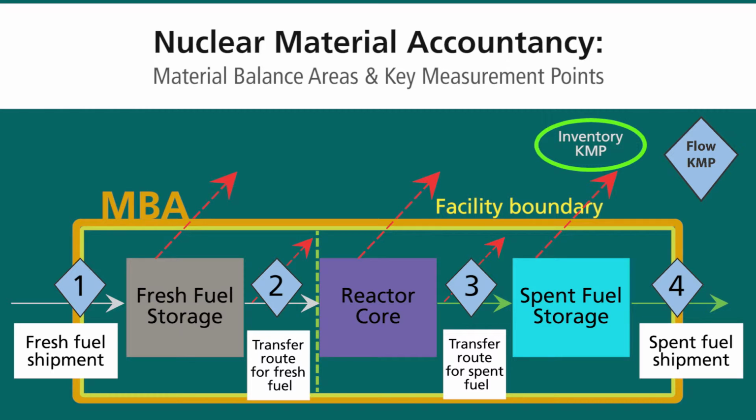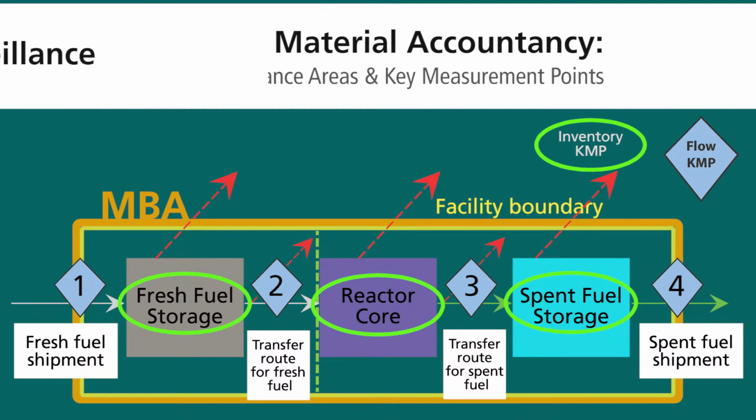Inventory KMPs will be placed at the fresh fuel storage, the reactor core, and the spent fuel storage area. So with our material balance area and key measurement points set, we have our nuclear material accountancy set up.